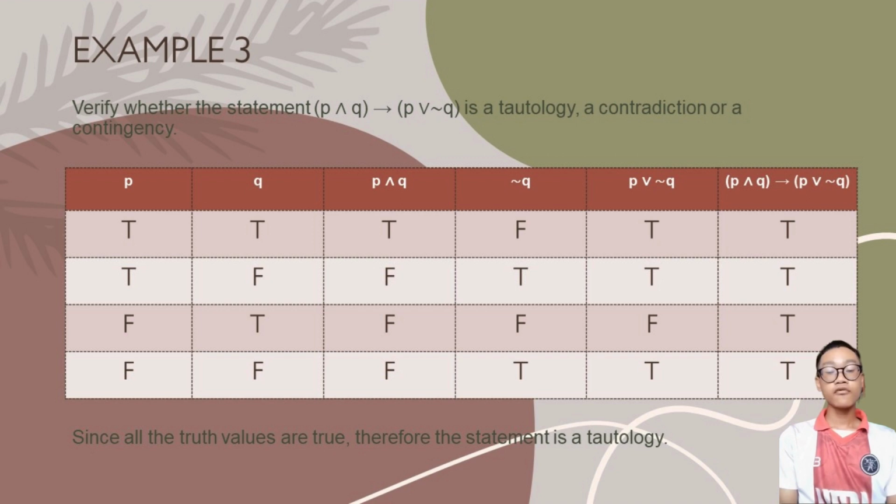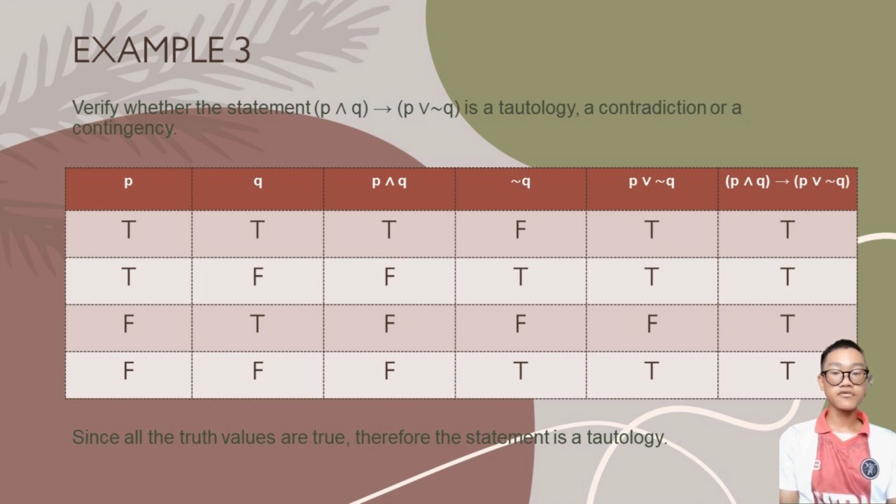And lastly, we will find the truth value of the statement P and Q implies P or not Q. When P and Q is true and P or not Q is true, then P and Q implies P or not Q is true. When P and Q is false and P or not Q is true, then P and Q implies P or not Q is true.